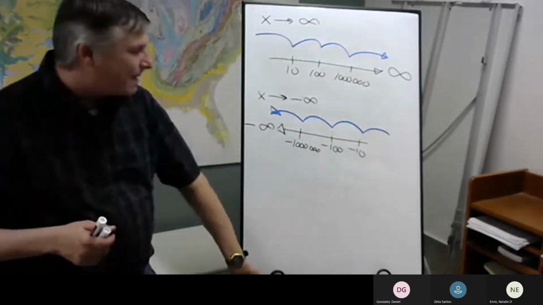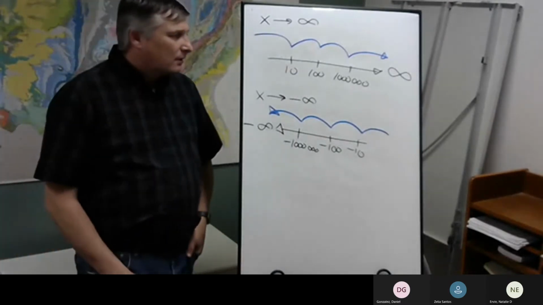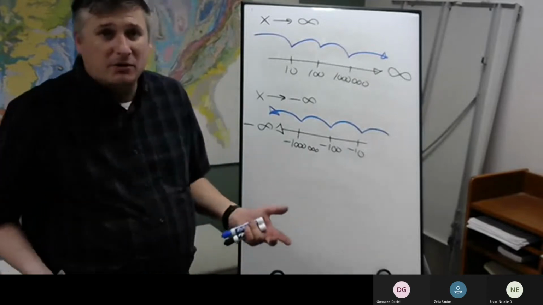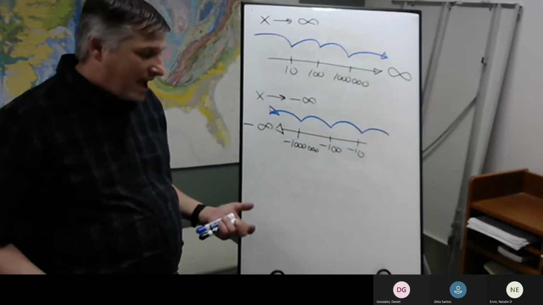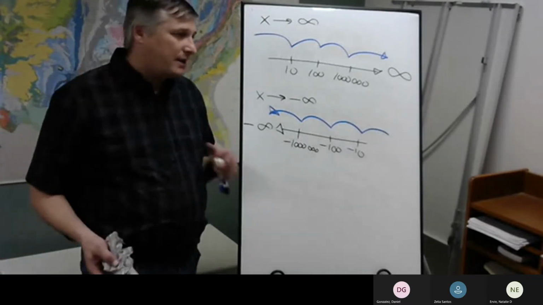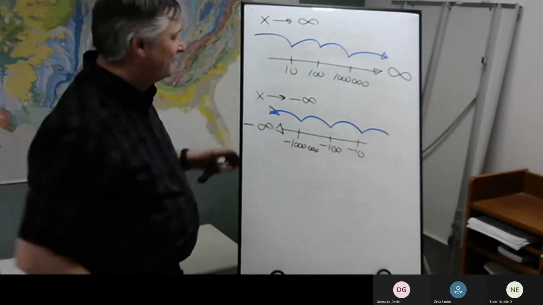So what happens in this case, or one or the other? Well, what we're going to do, we're going to start out with what we call one of our canonical functions. And the one we're going to use is 1 over x. And we're going to ask this question, what happens for f of x equals 1 over x as x goes to positive infinity or as x goes to negative infinity?